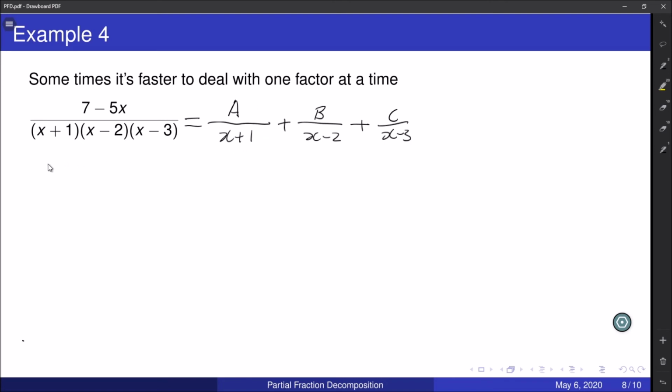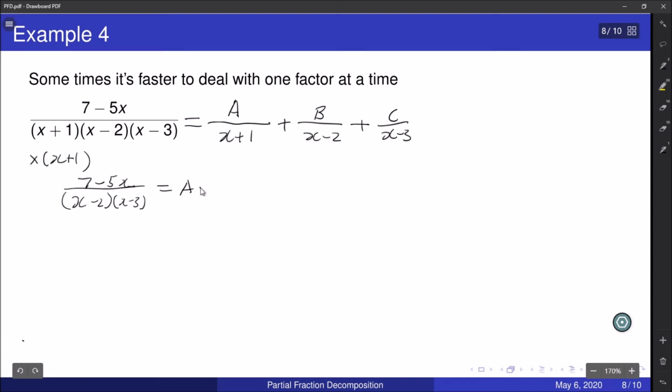We just have to multiply everything by x plus 1. So by multiplying by x plus 1, we end up with (7 minus 5x) over (x minus 2)(x minus 3) equals a plus b(x plus 1)/(x minus 2) plus c(x plus 1)/(x minus 3).